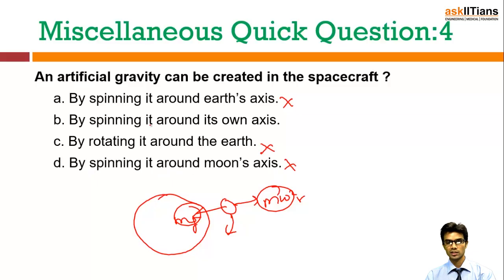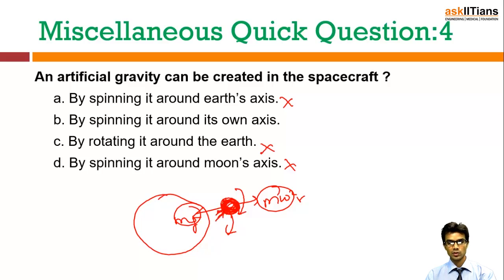So the answer is spinning it around its own axis. If it rotates around its own axis, just like Earth, it will create some rotational motion. Due to this rotation, gravity will be created.